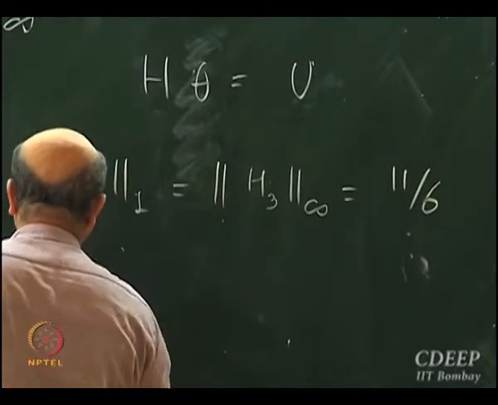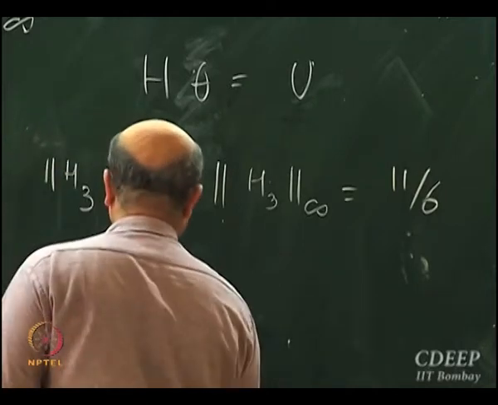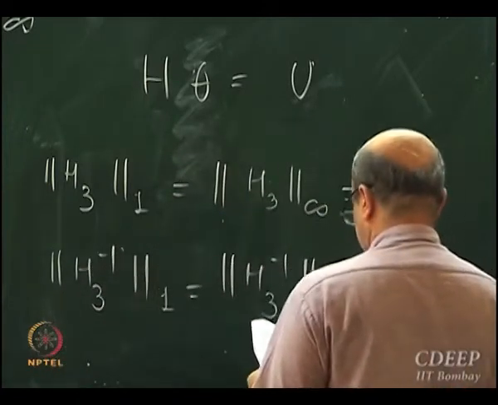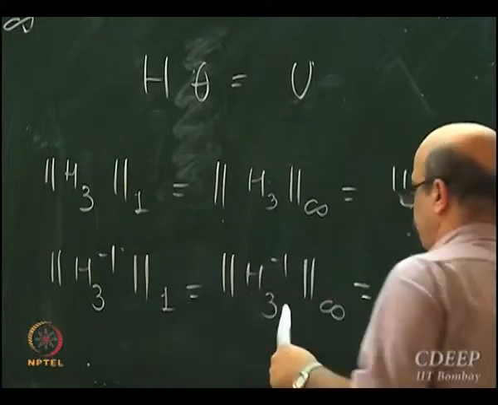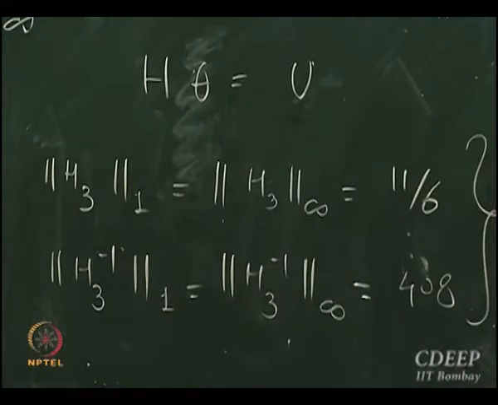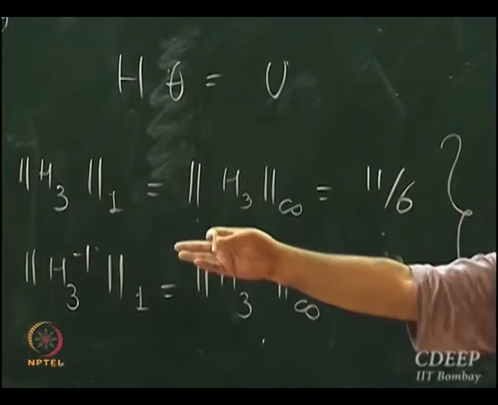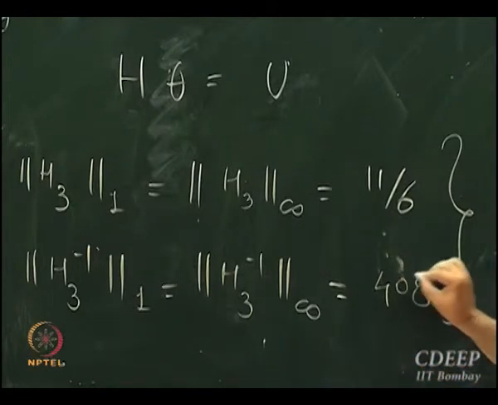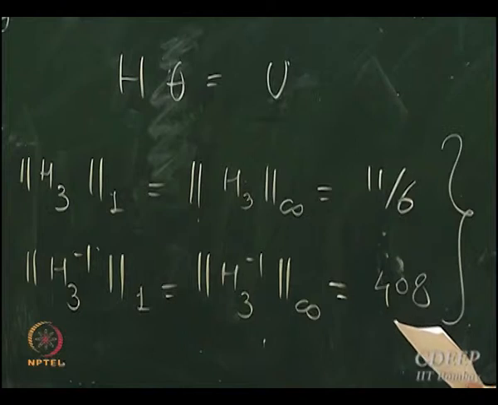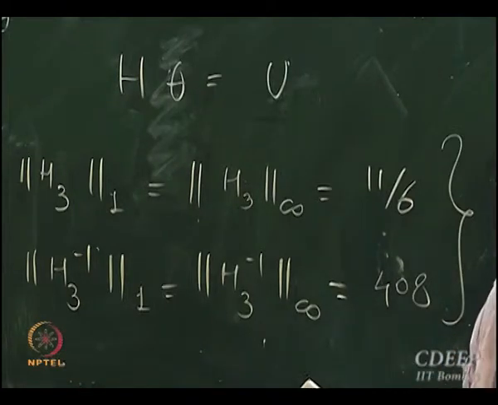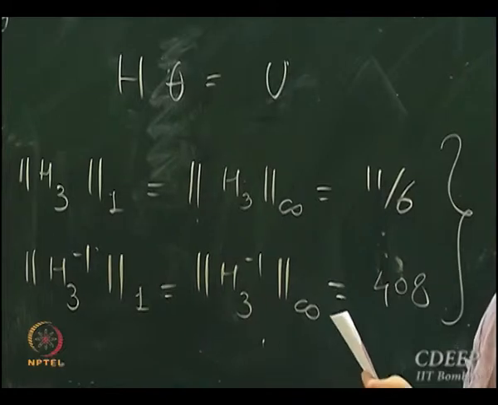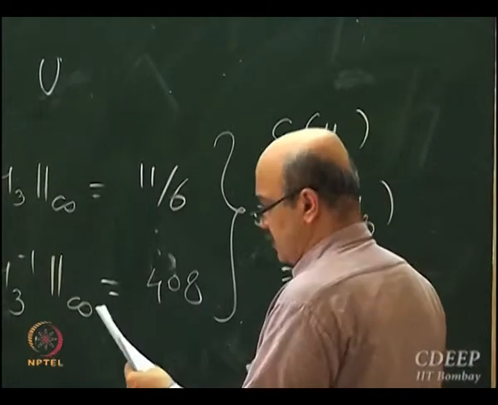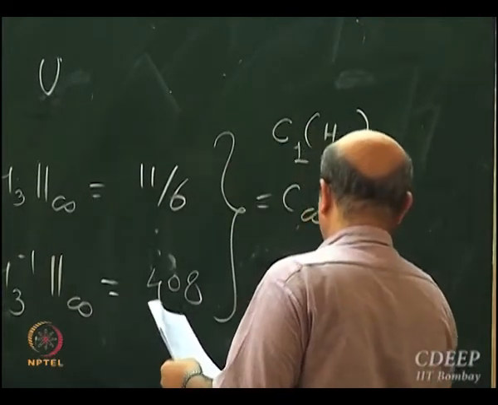You can show that the one norm of H3 inverse is equal to the infinite norm of H3 inverse, which is 408. Then C1 of H3 is the same as C infinity of H3, which turns out to be 748.